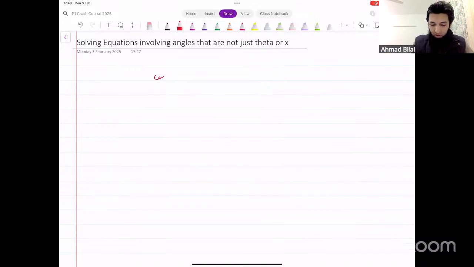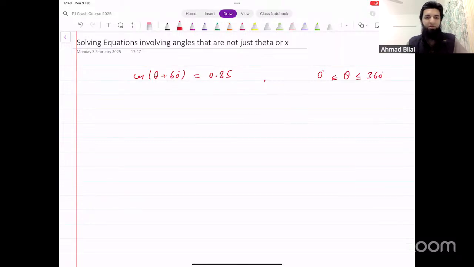For instance, cos of theta plus 60 equals, let's say, 0.85. Let's say you have an equation like this to solve, and the interval that you have for this equation is from 0 degrees to 360 degrees. So we want to solve this equation for this interval, theta between 0 and 360.